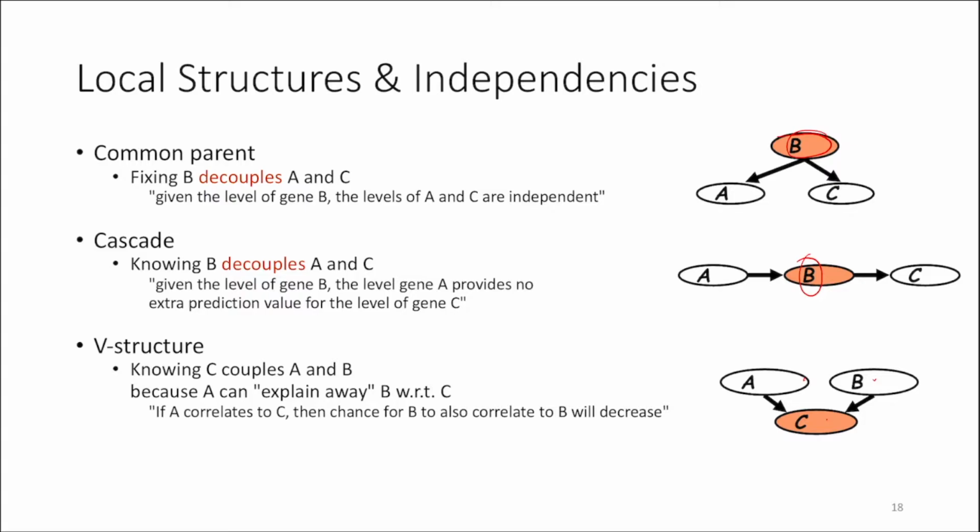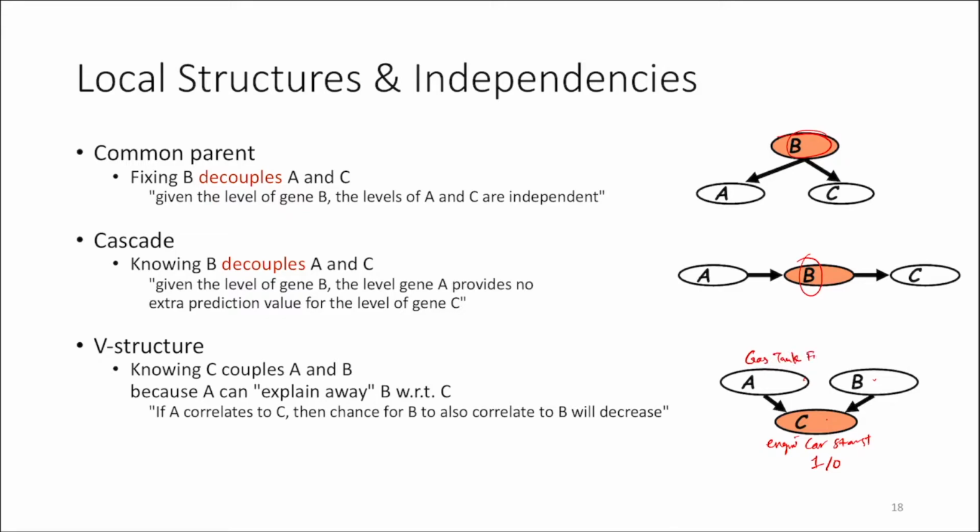An example of that is, you can view C as whether my car works or not, like the engine of my car starts or not. So it's going to be 1 or 0. And A can be, for example, whether the gas tank is full or not.